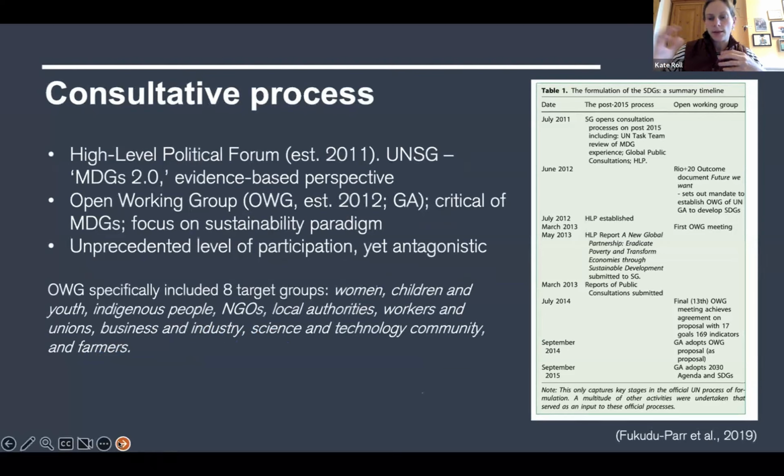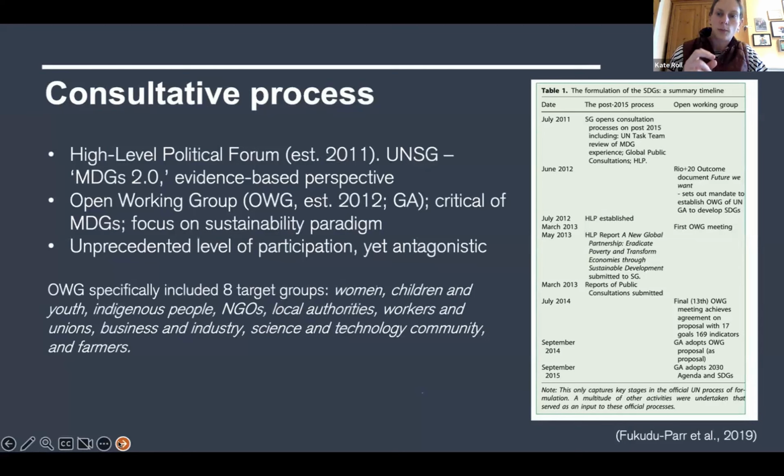Again, we need to be thinking in these long time frames. 2011 to 2015 is when the formal process was running. But even before that, there were discussions about what comes after the MDGs. There were open working groups and lots of participation.